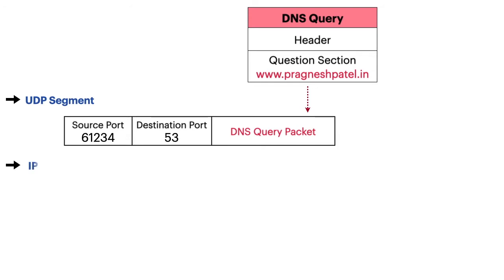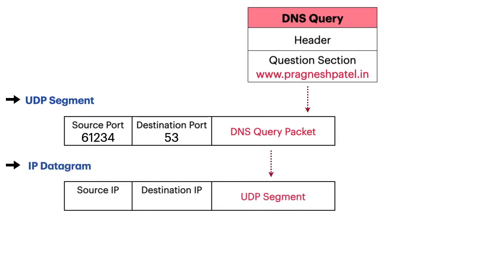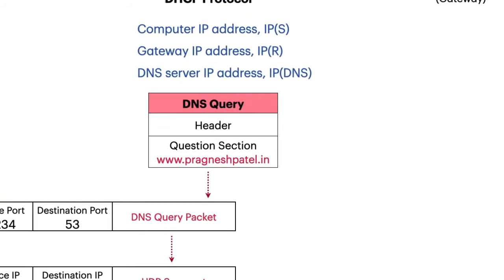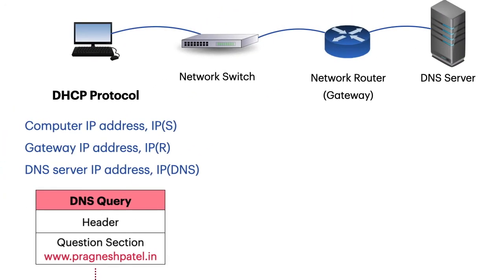The UDP segment is then placed in an IP datagram. Note that the source of the DNS query message is our computer and its destination is the DNS server.